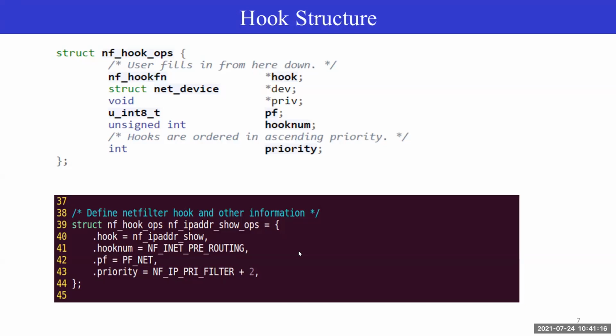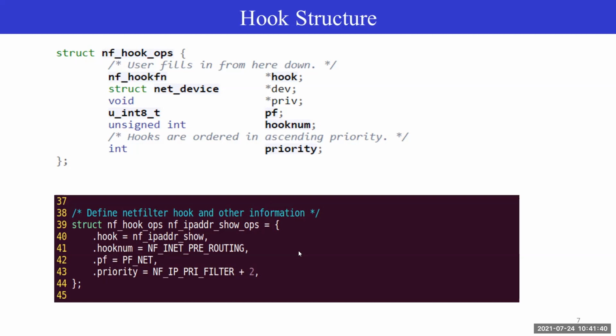The next argument is hook number. This is the hook point that you need to mention, whether your callback routine will be called during pre-routing hook position or local in or forward or local out or post routing. You need to mention that here as the hook number.